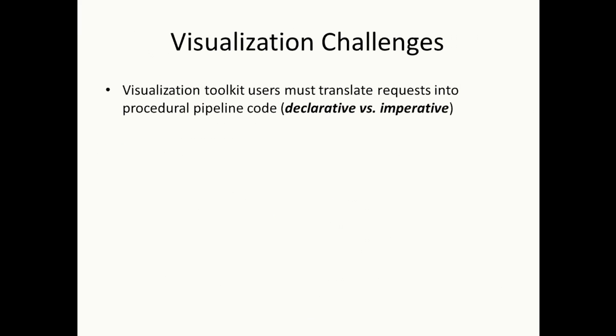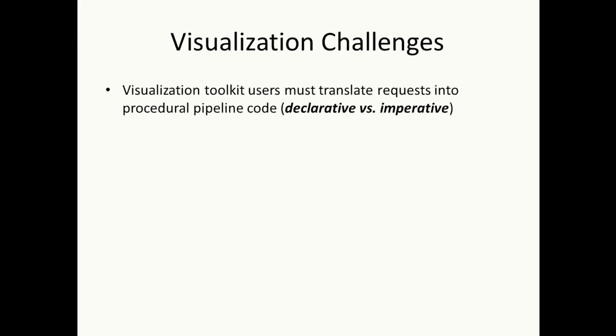In order for users to use visualization toolkits, they must learn to translate their requests into procedural pipeline code. Thus, their declarative specifications must be translated to a more algorithmic specification using an imperative language, such as Java.